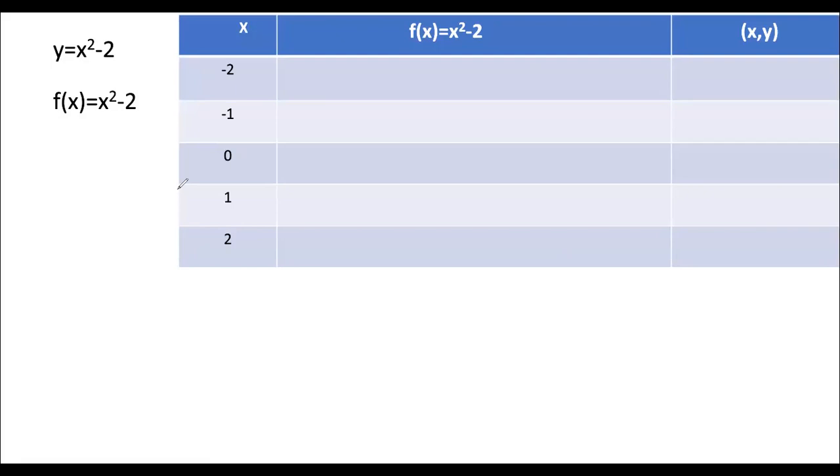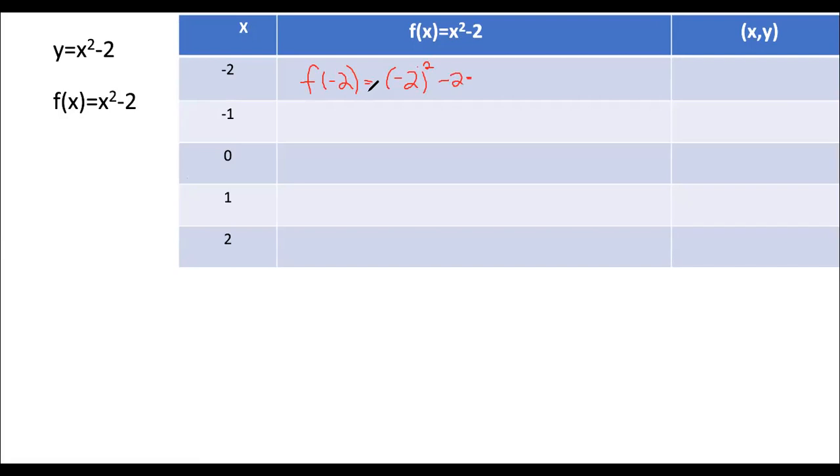The first step is to plug in each of these numbers for x. So here we want x equal to negative 2. So we have f of negative 2. We want to plug in negative 2 wherever we see x. So we had x squared, and this becomes negative 2 squared minus 2. Now we can evaluate this.